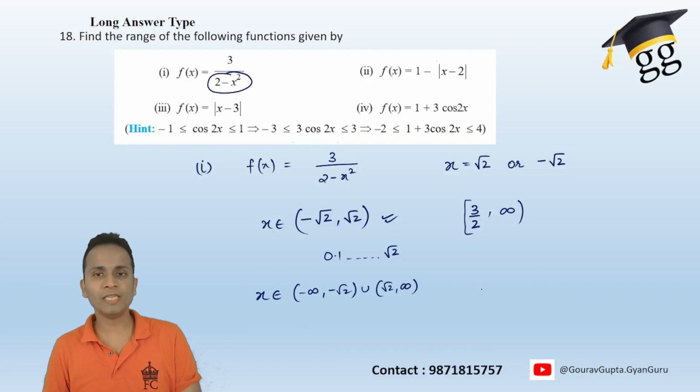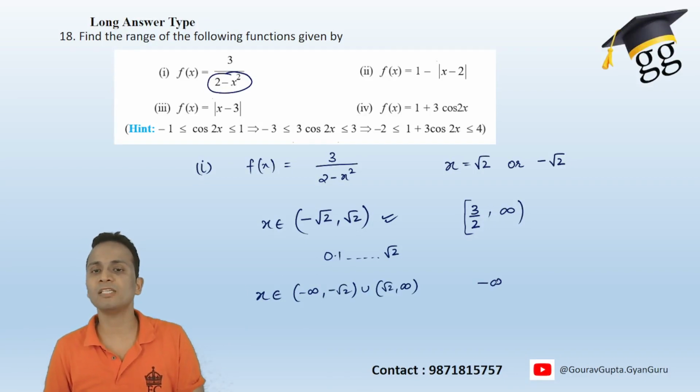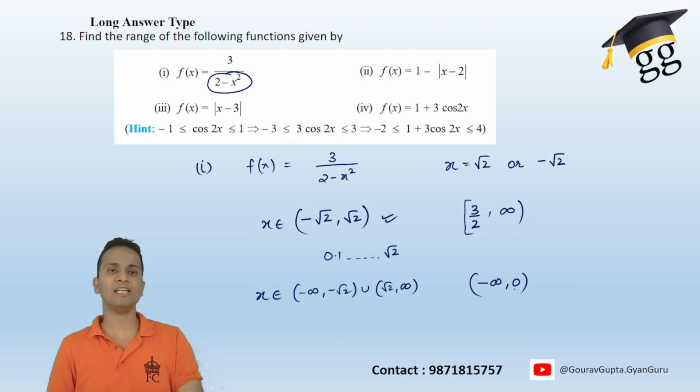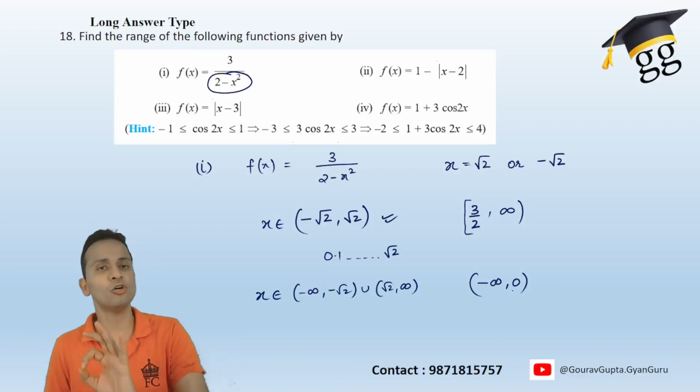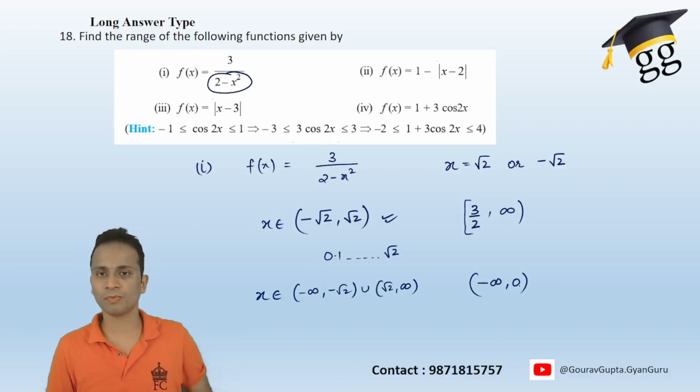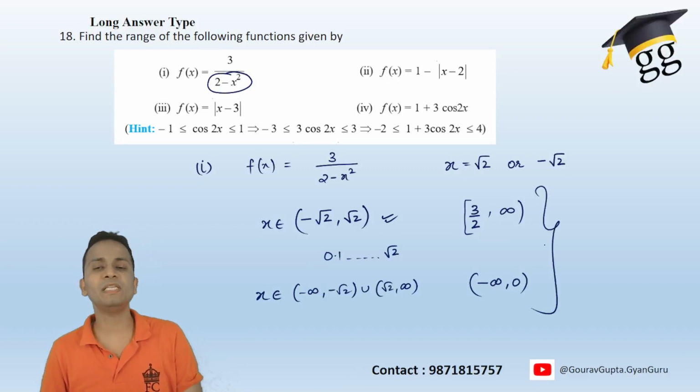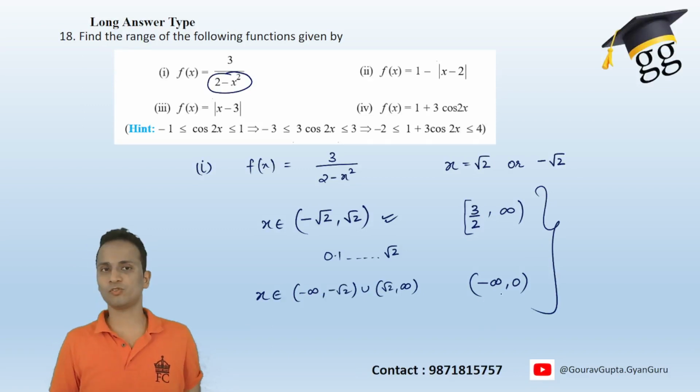So in this case, the value of the expression will be from minus infinity up till 0, but not including 0. So this will be the entire range of this function.